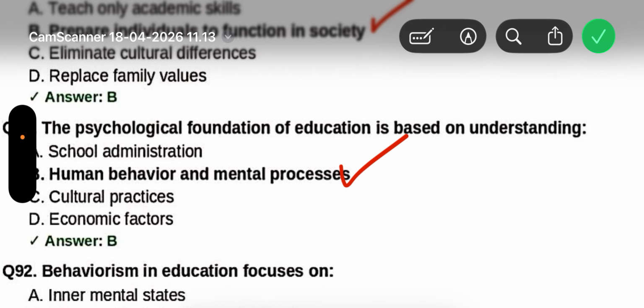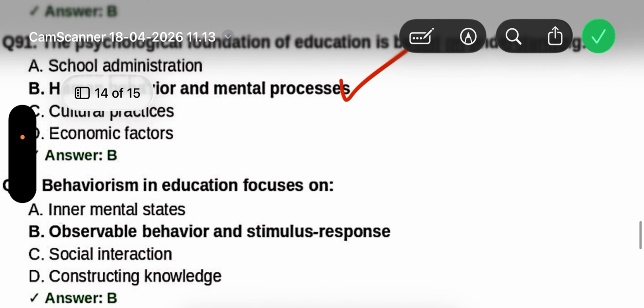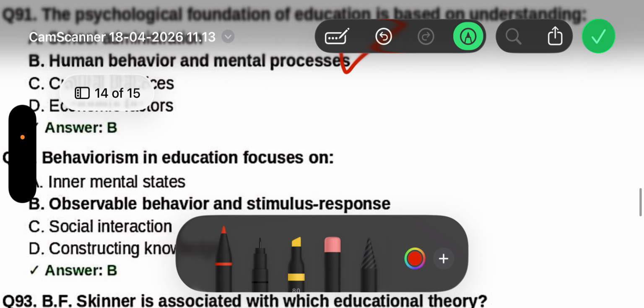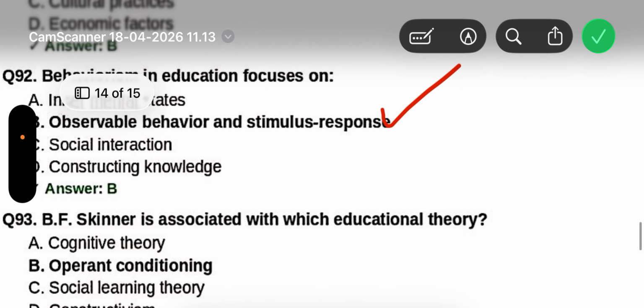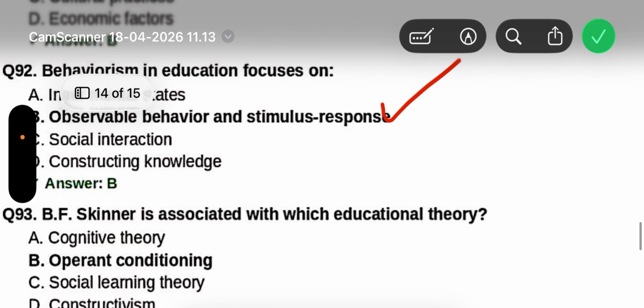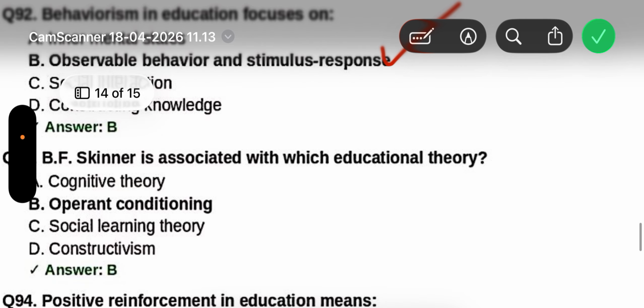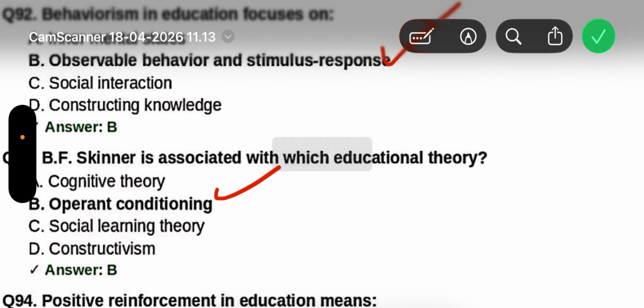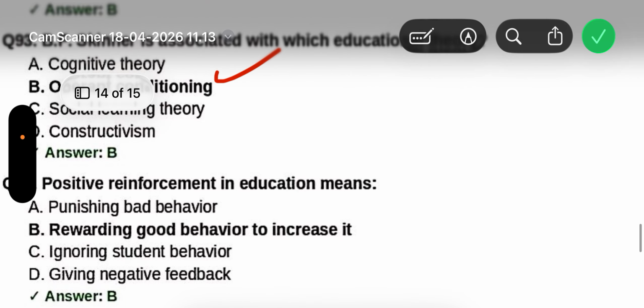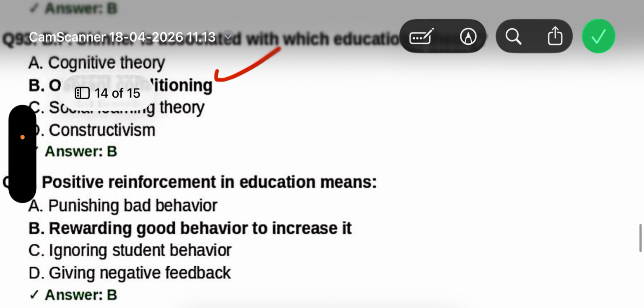Question number 92. Behaviorism in education focuses on observable behavior and stimulus response. Question number 93. B.F. Skinner is associated with which educational theory? So, B.F. Skinner is associated with operant conditioning. Question number 94. Positive reinforcement in education means?